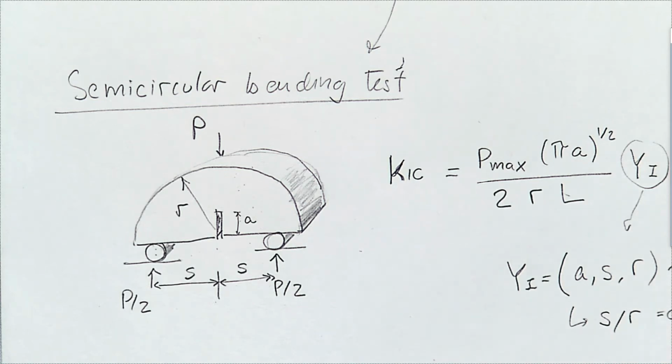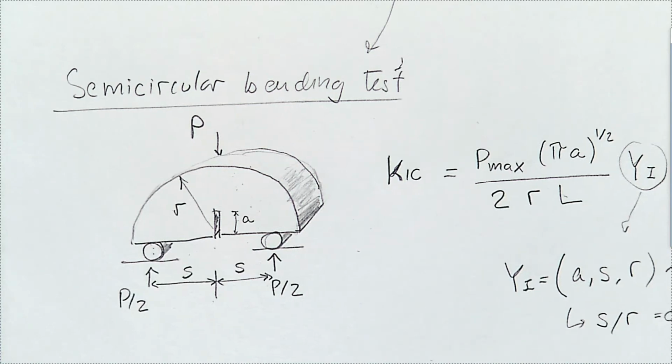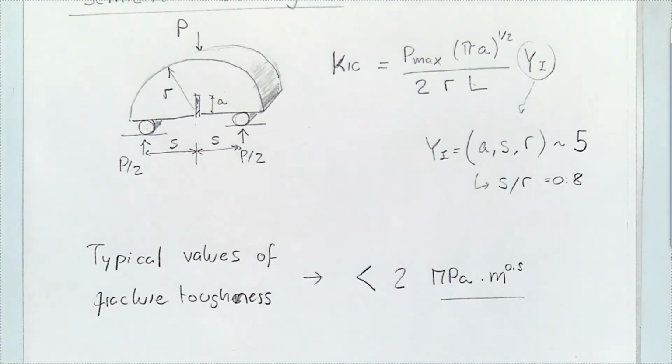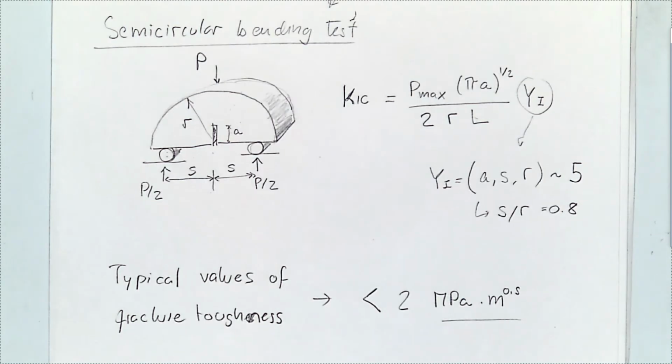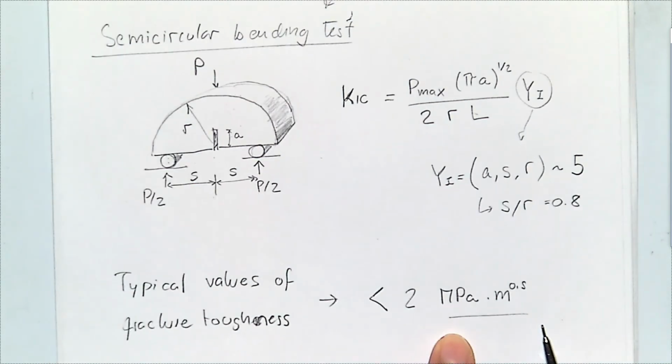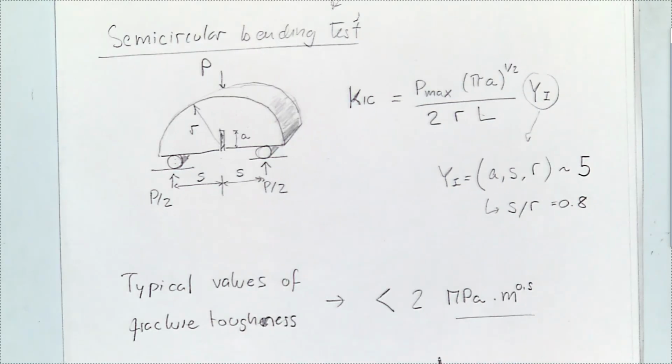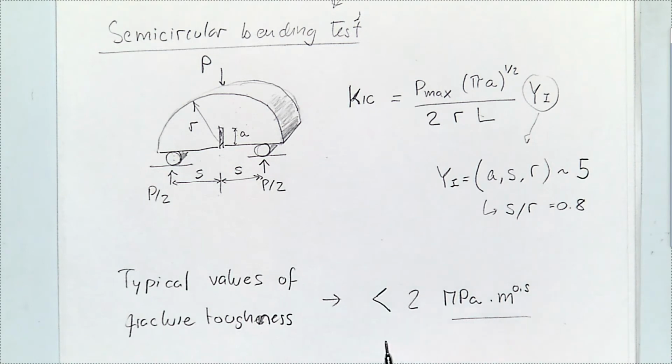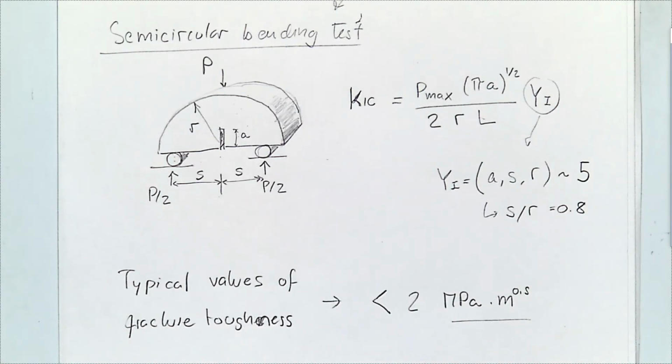This is a very uncommon unit, but these are the units of intensity: pressure times square root of distance. All right, so just to have an idea about what these values are, let's solve a problem.